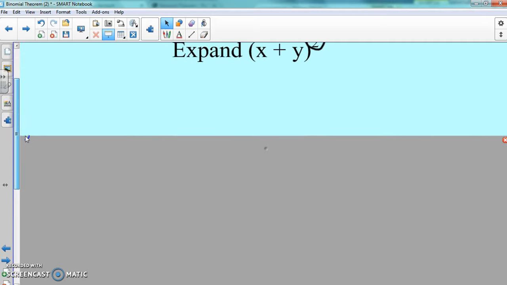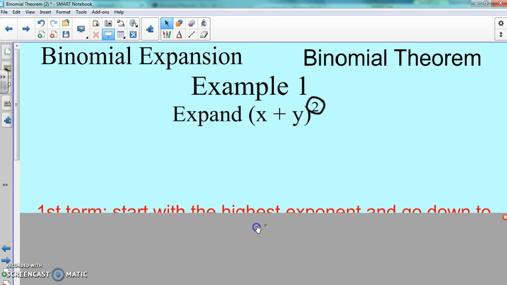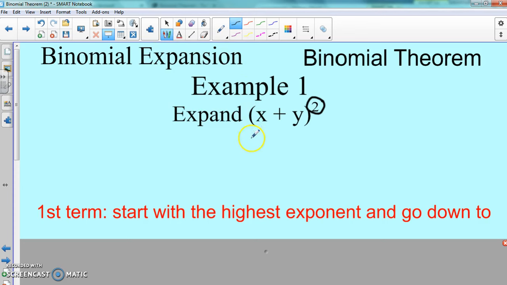This next part tells us what we're going to do after the coefficients. So we're looking at the first and second term. Here, this is going to be considered the first term, and that means the y will be considered the second term. Yay, first and second.